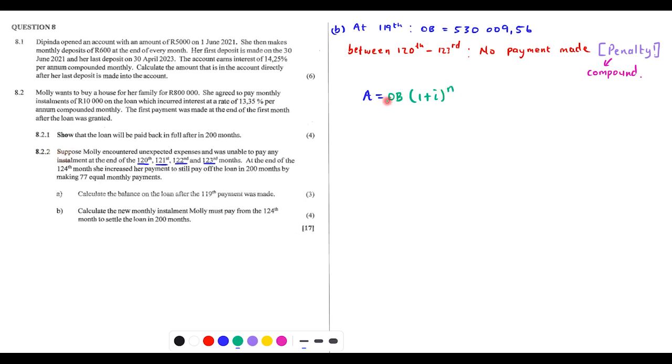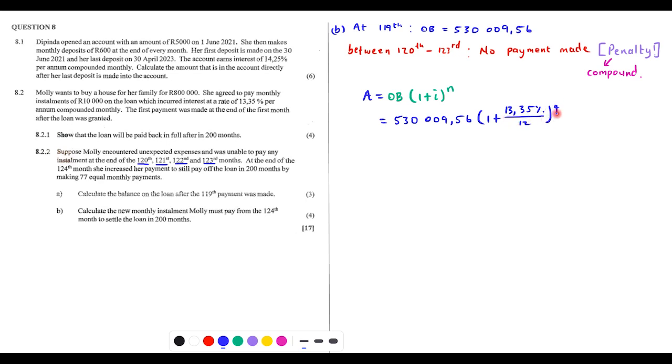So if you've missed 4 payments, then it means your 530,009 is going to grow 4 times because you missed the payments. How many times? 4 times. And then you're gonna get a new outstanding balance.